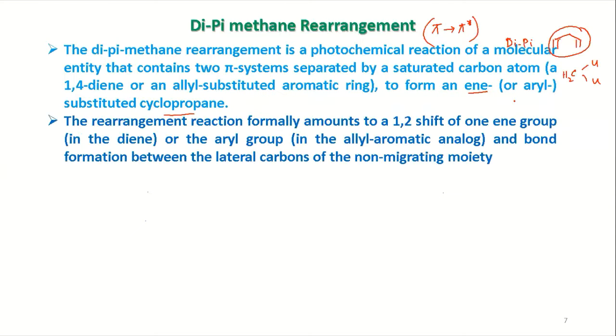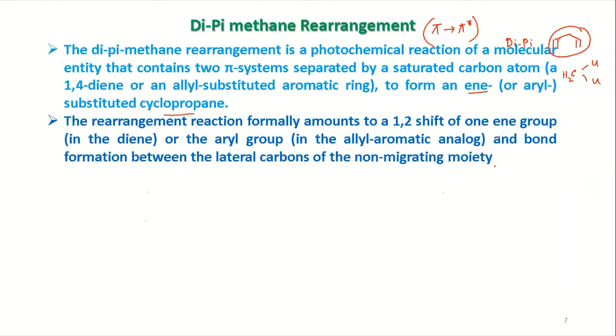So let us look at the rearrangement. Mechanism-wise, the rearrangement reaction formally amounts to a 1,2 shift of one ene group in the diene, or the aryl group, and bond formation between the lateral carbon of the non-migrating moiety.